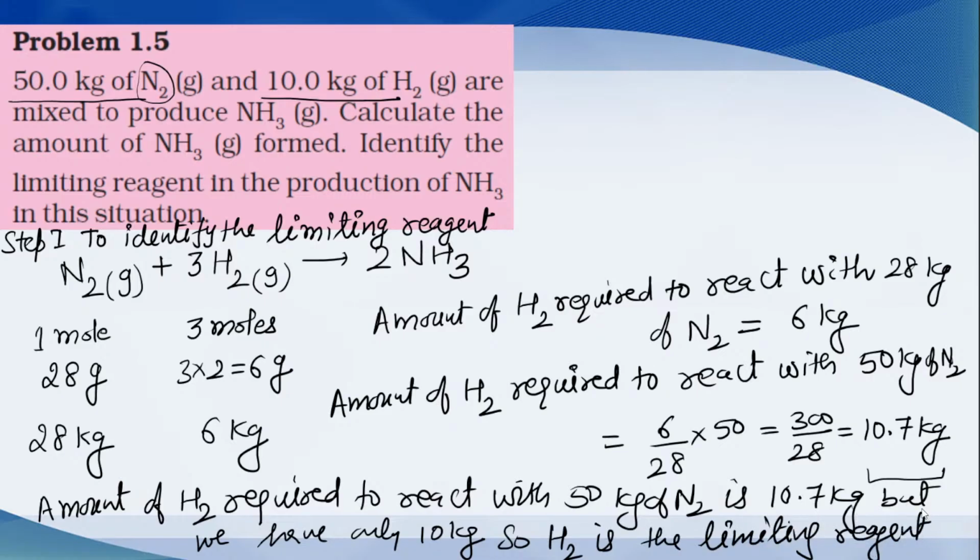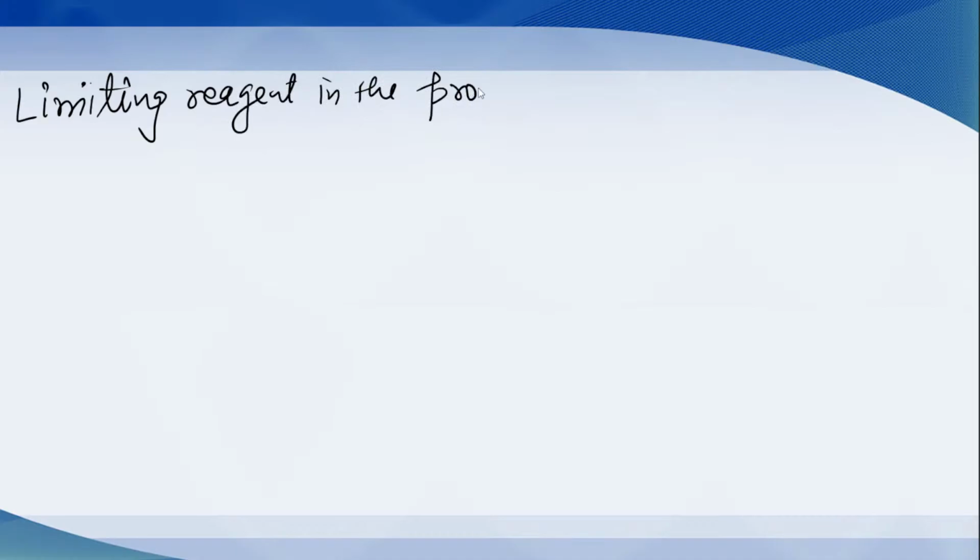So this is the answer of the first question: identify the limiting reagent in the production of ammonia in this situation. The answer is that the limiting reagent in the production of ammonia is hydrogen.